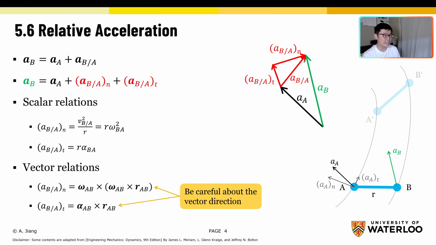The position vector needs to be pointing towards the point of interest. For example, our point of interest here is B, so it's pointing from A to B, so it's vector AB, or position vector B relative to A. If you forgot, please review lecture 22.